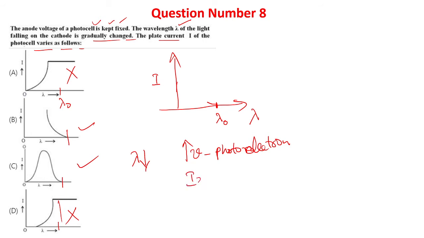And current is given by NEA into drift velocity. So as velocity increases, current must increase. So on decreasing wavelength, current must increase. So this is a correct graph between current and wavelength. So option number B is correct, C is wrong. So B is your correct answer.